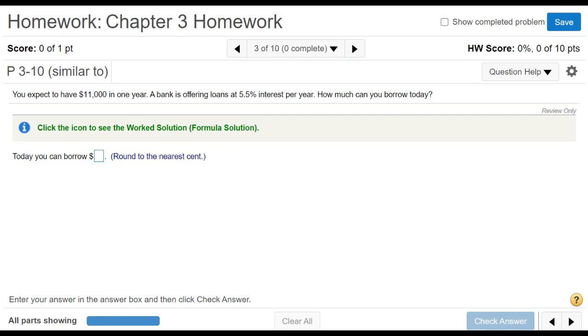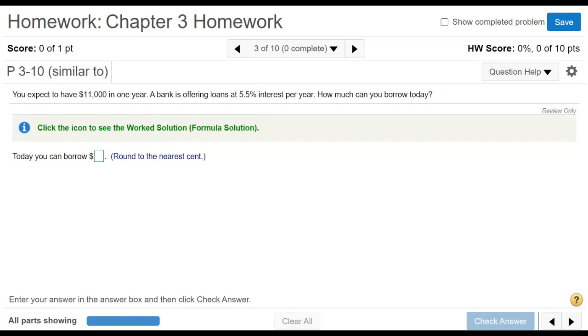You're going to use your calculator. You can do it 2 ways. You can say 11,000 divided by 1.055, or you can use your calculator, and I recommend the calculator because that way you don't make a mistake. The number of periods, n, equals 1.